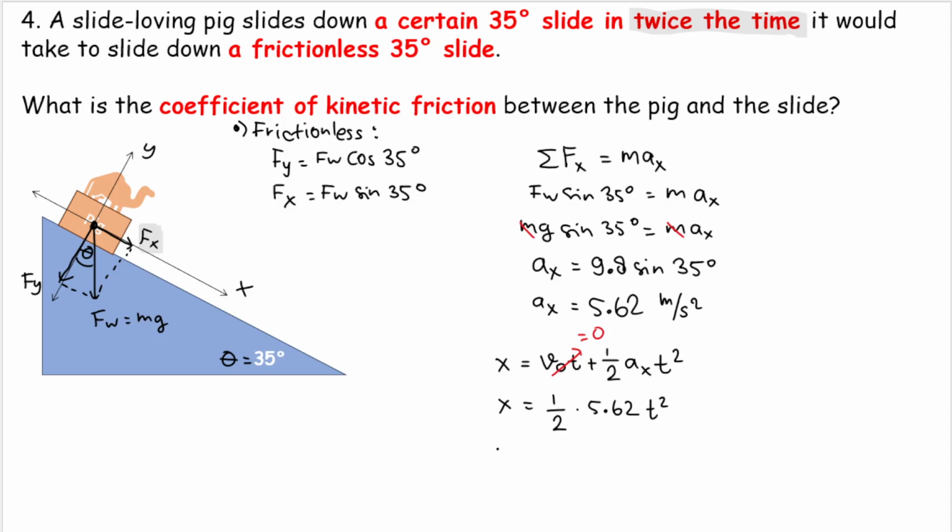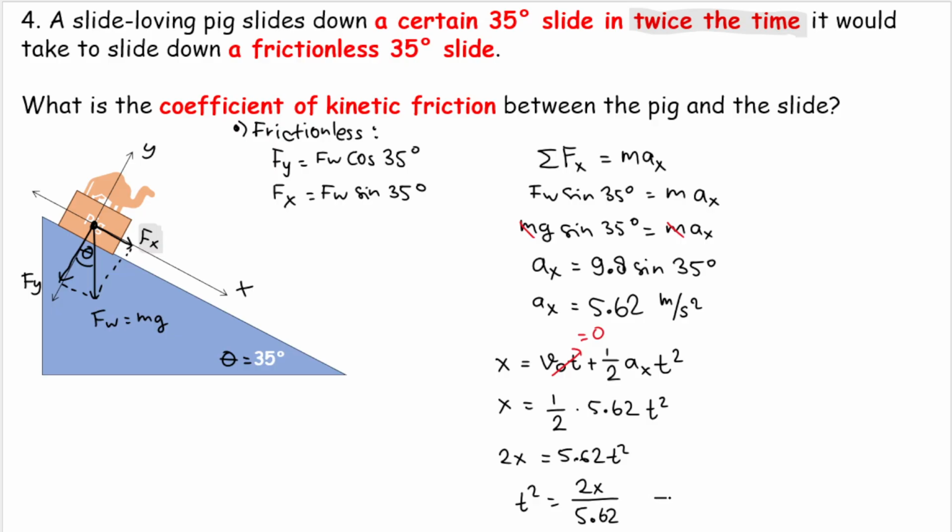Good. Now I will have 2x equal to 5.62 t squared. Then our t squared is equal to 2x divided by 5.62.